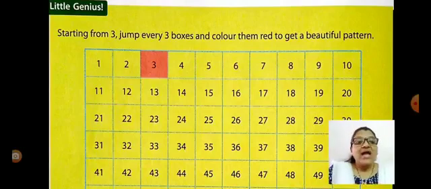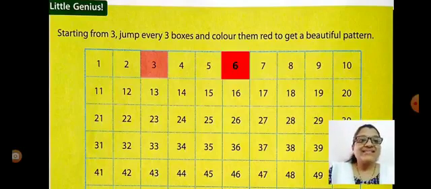So, after number 3, if we jump 3 boxes, which number will we get? Yes, 4, 5, 6. So, let us color number 6. Then, we have to go on jumping 3 boxes and coloring the number.